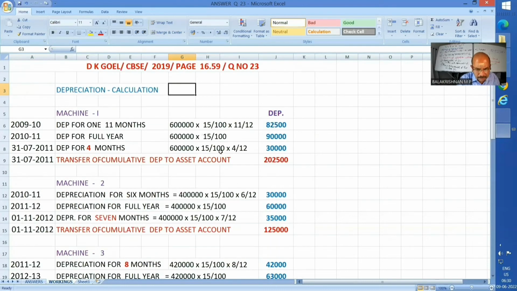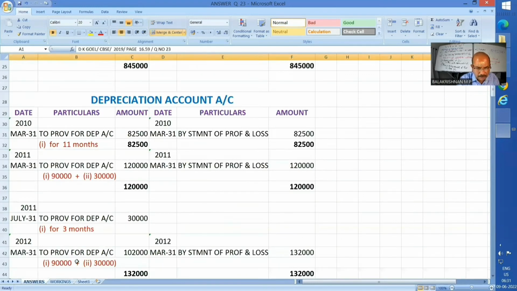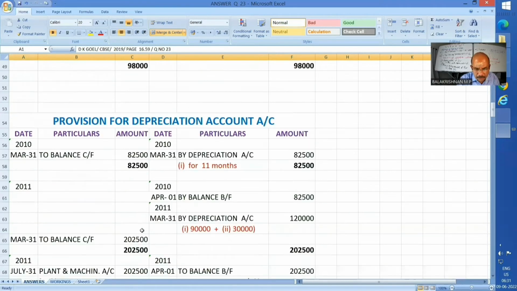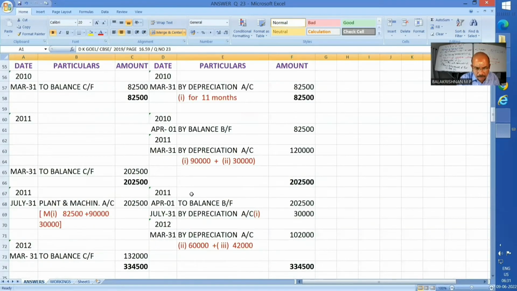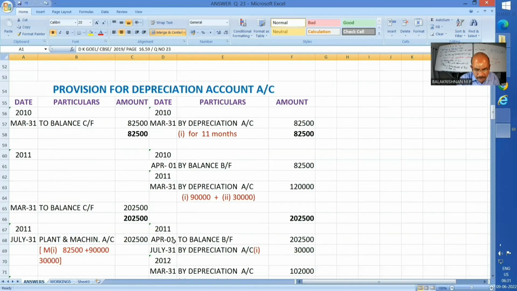We find that for 4 months, it goes on 31st July, April, May, June, July. 6 lakhs into 15 by 100 into 4 by 12, 30,000. That depreciation let us account first. Depreciation account to provision for depreciation 30,000. Immediately your hand should move to provision by depreciation 30,000. It's a double entry action.